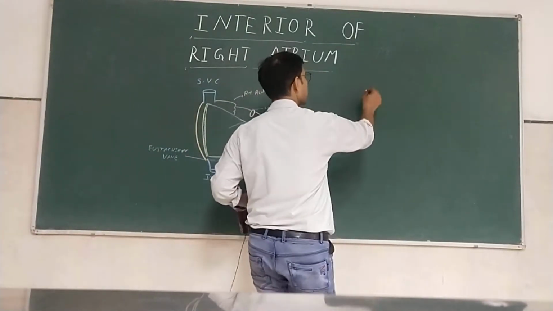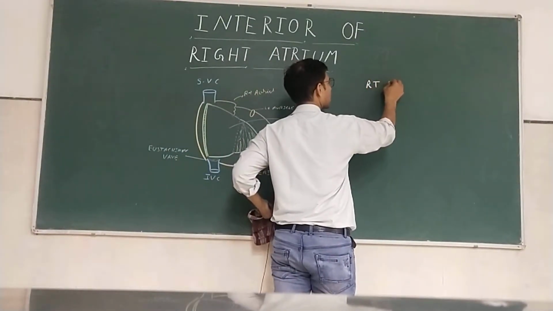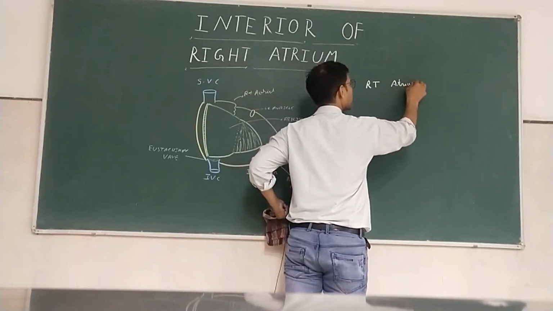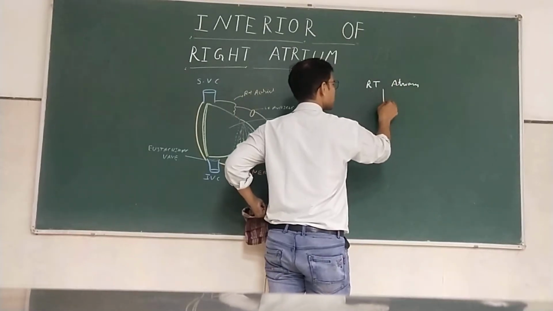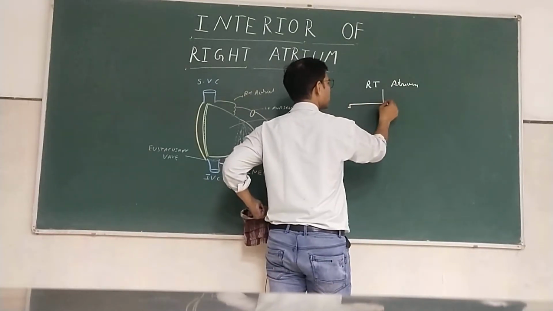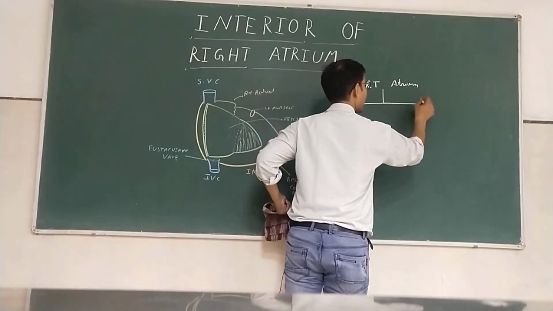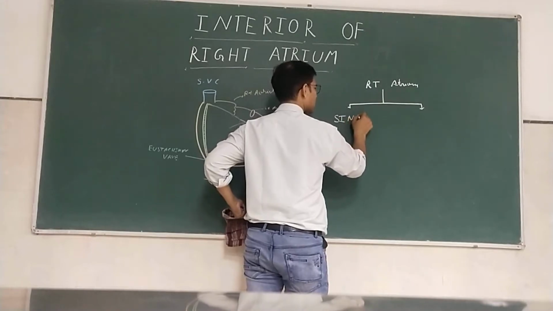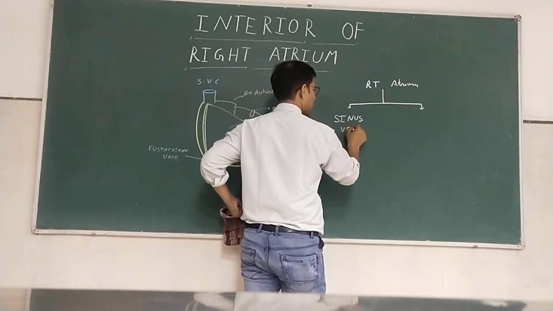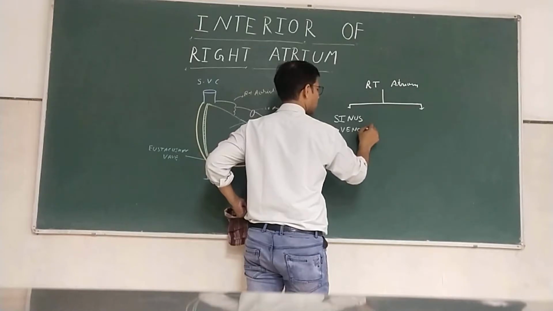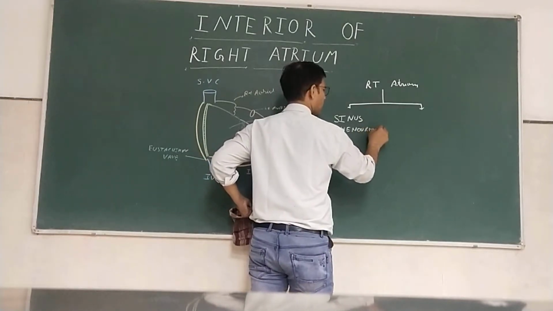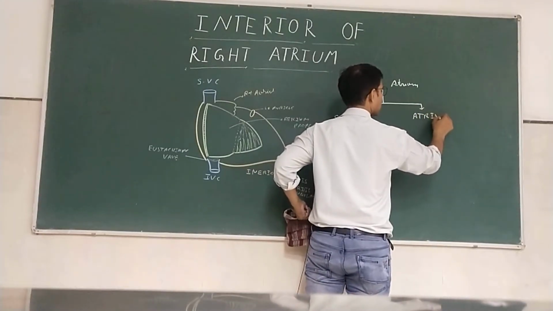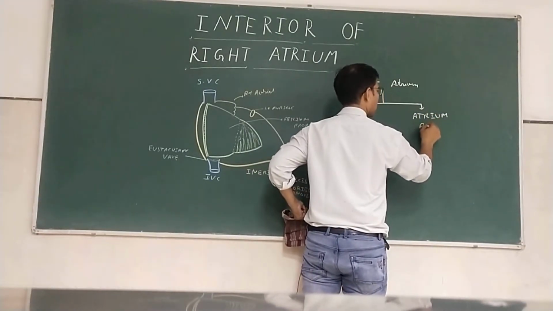If I'm drawing here, this is the right atrium. Developmentally as well as on the basis of appearance, the right atrium is divided into the sinus venarum and the atrium proper.